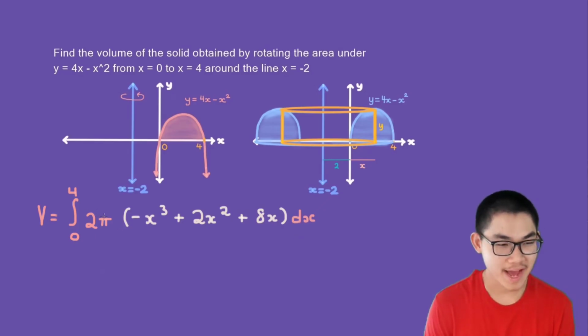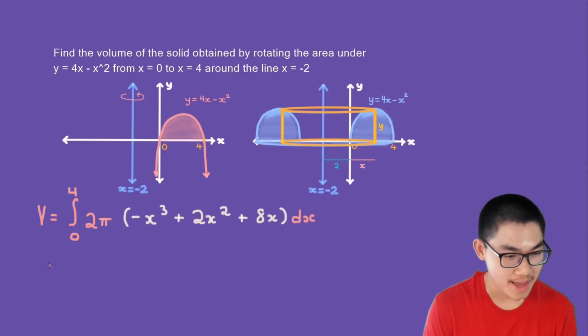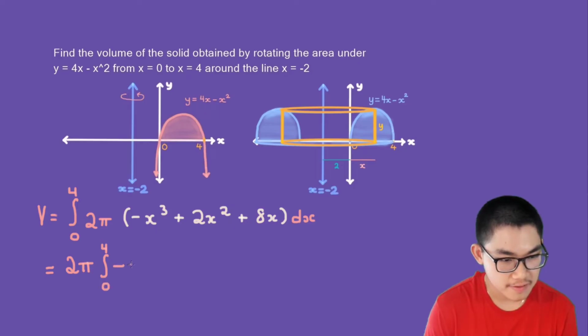Since 2 pi are just constants, we should move them outside of the integral. So we're going to get 2 times pi times the integral from 0 to 4 of negative x to the power of 3 plus 2x to the power of 2 plus 8x dx.